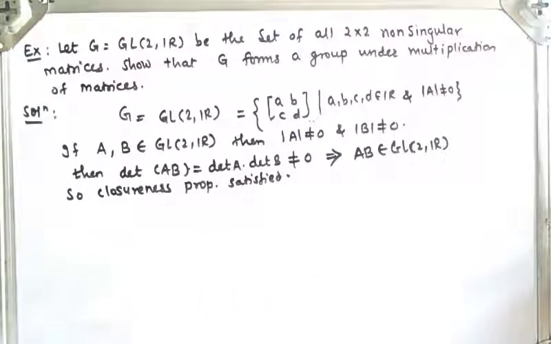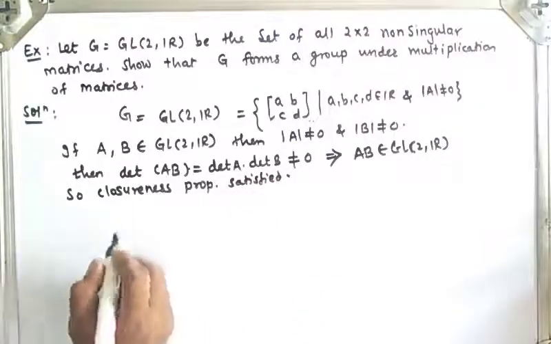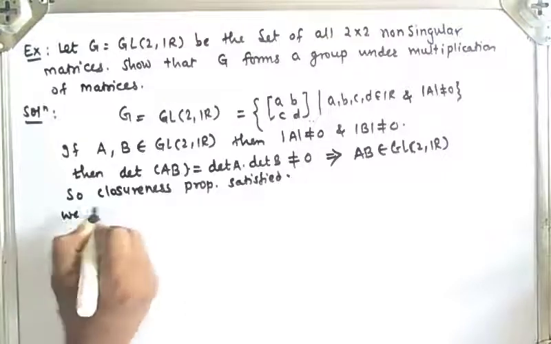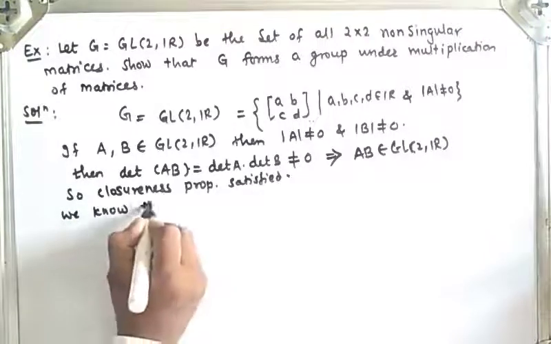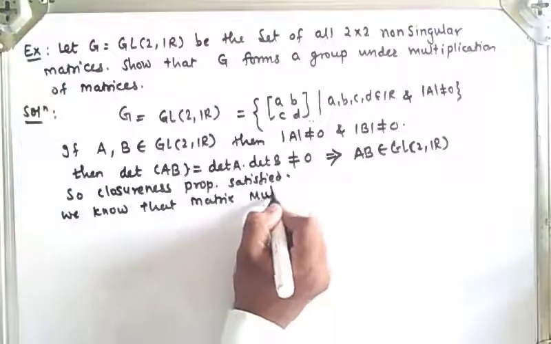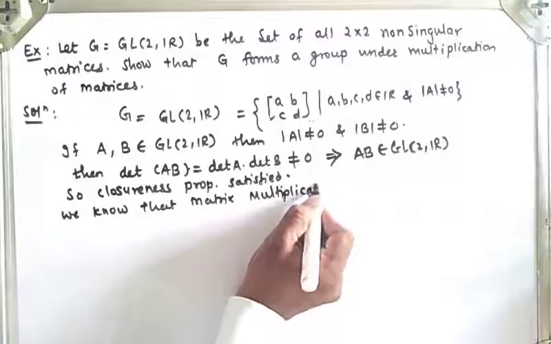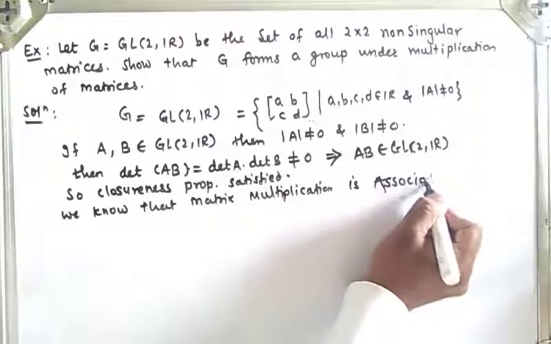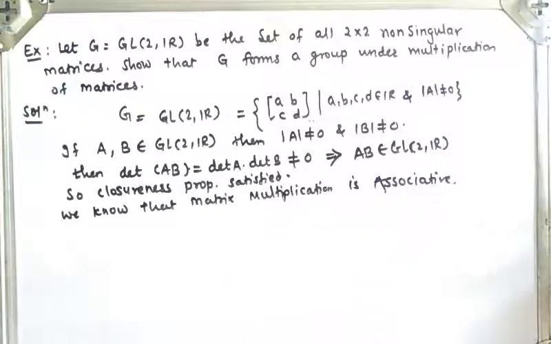Now next, check associativity. We know that matrix multiplication is associative. Now next we find the identity element.